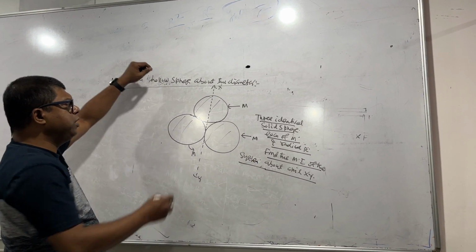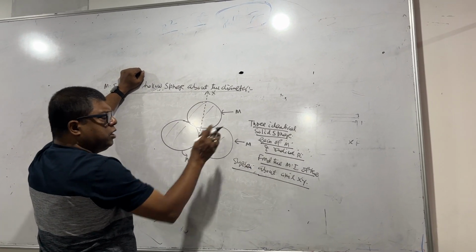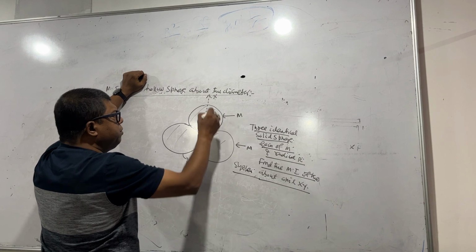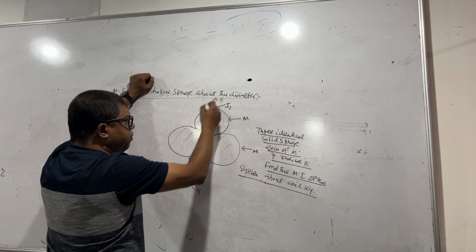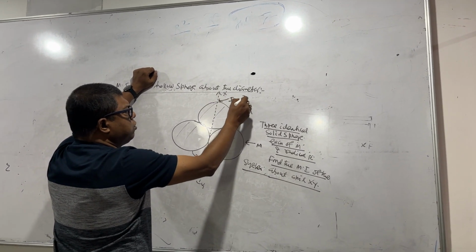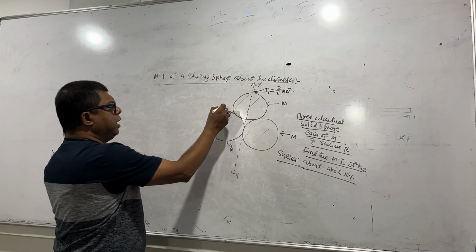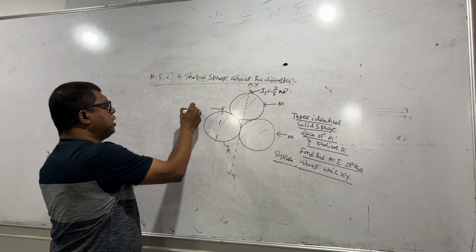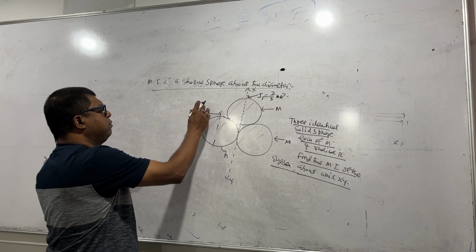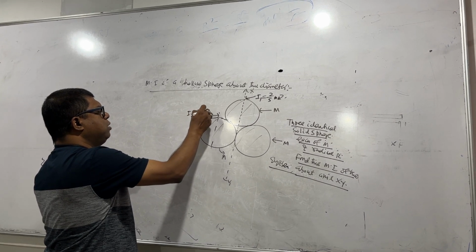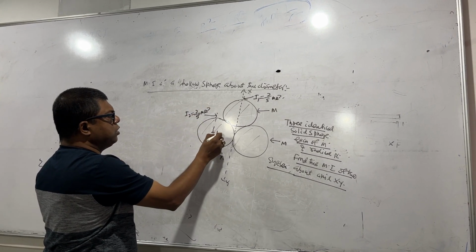So you know the moment of inertia of a solid sphere, each having radius R. I1 is equal to, for this sphere, I1 is equal to 2 by 5 MR square. And I2 is equal to the moment of inertia about this axis, I2 is equal to 2 by 5 MR square. And applying the parallel axis theorem, h is equal to R.